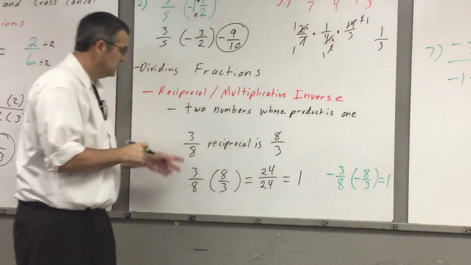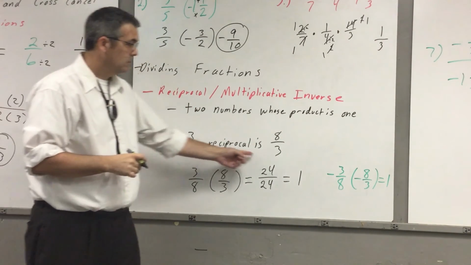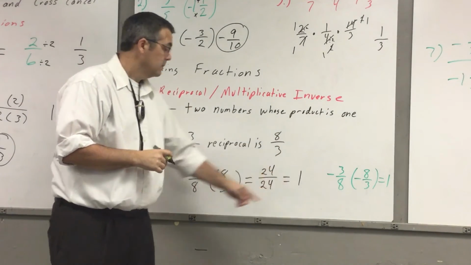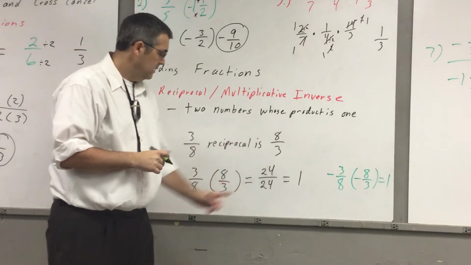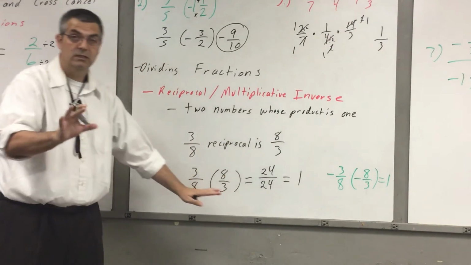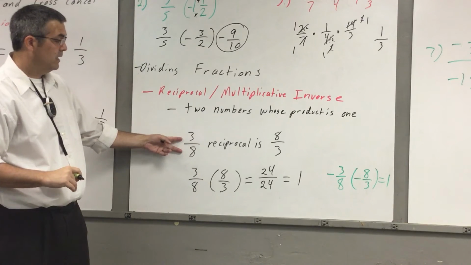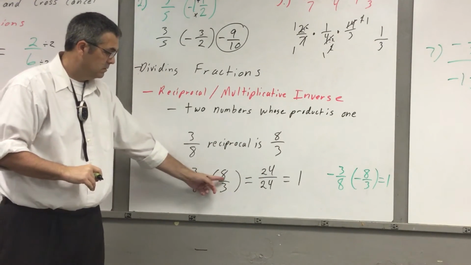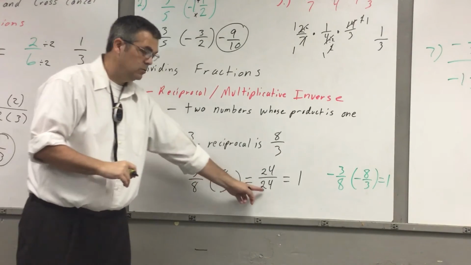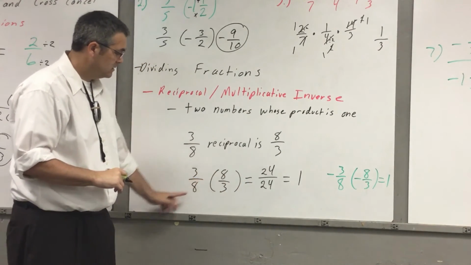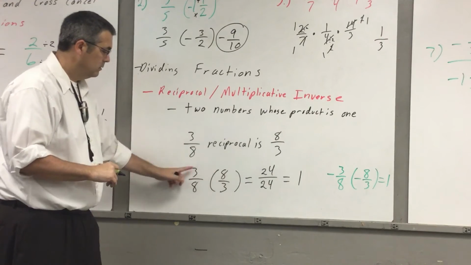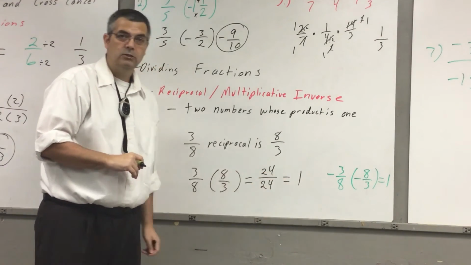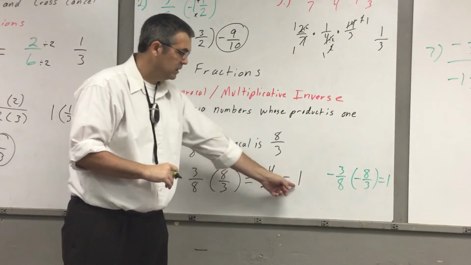Because what happens here is 3/8, the reciprocal is 8 over 3, right? So 3 times 8, and I even have it down here so that you can see it, right? The reciprocal of this, 3/8, is 8/3. So 3 times 8, it's going to get you 24, and 8 times 3 gets you 24. You can also look at it as it crosses out, 1, 1, 1, 1, and it gets you 1, right? Because 24 over 24 gets you 1.